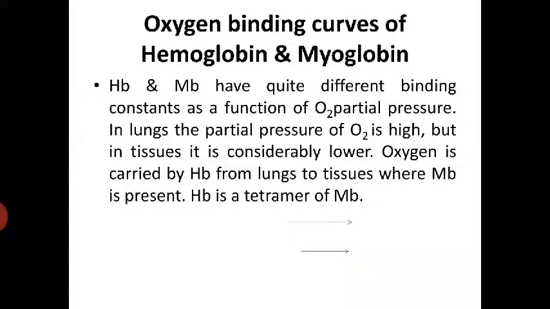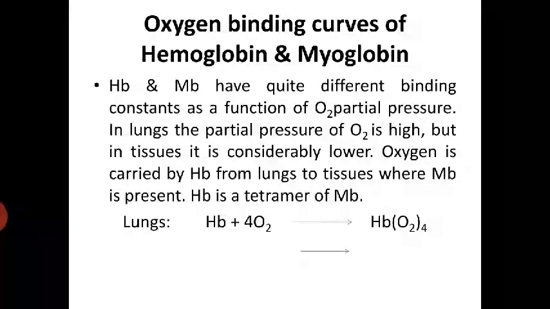So hemoglobin is a tetramer of myoglobin, hence the oxygenation reaction can be expressed as follows. In lungs, where hemoglobin binds to oxygen molecules, the equation can be written as Hb plus 4O2 giving rise to Hb(O2)4. So here Hb means it has 4 Mb units, that is myoglobin units.